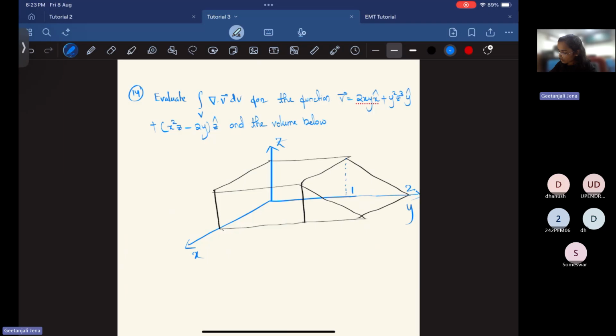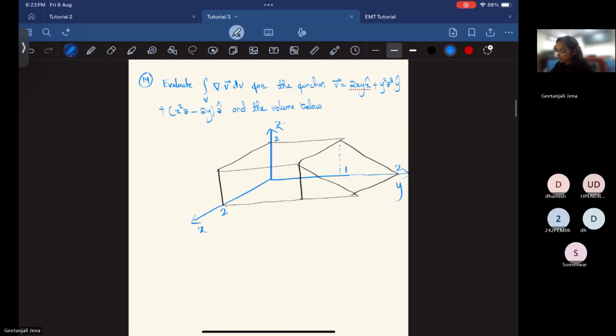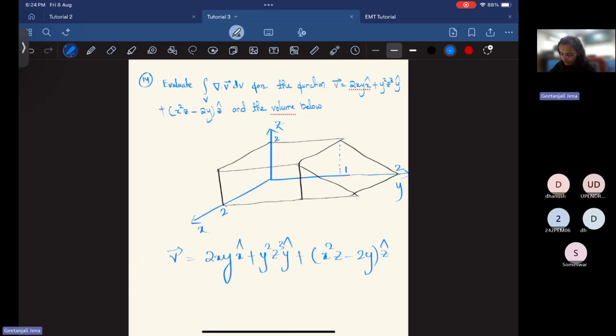This is 2 for z. The maximum is 2, and this is also 2. So for this function v, which is 2xy x cap plus y squared z cube y cap plus x square z minus 2yz z cap, find the divergence of this function for this volume.